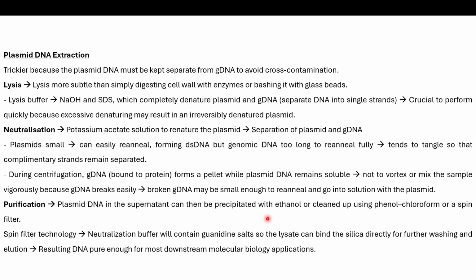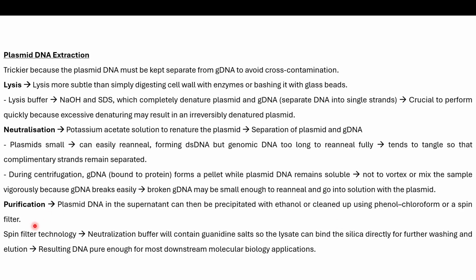It helps precipitate out the DNA from the aqueous phase. Then spin filter, or many times what happens is there are membranes, filter columns, which help in the DNA binding.